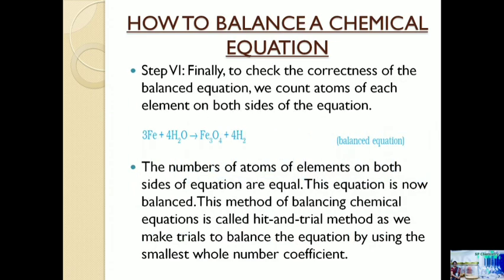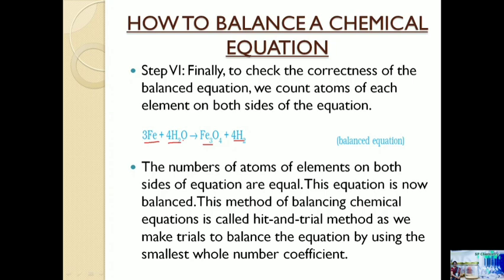So next step, we have to check the correctness of the balanced equation. We have to count the number of atoms of each element. Here you can see 3 Fe, that means 3 iron atoms in reactant, and in product Fe3O4 also 3 iron atoms are there. And on the reactant side 4H2O, 8 hydrogen atoms, and on the product side 8 hydrogen atoms.